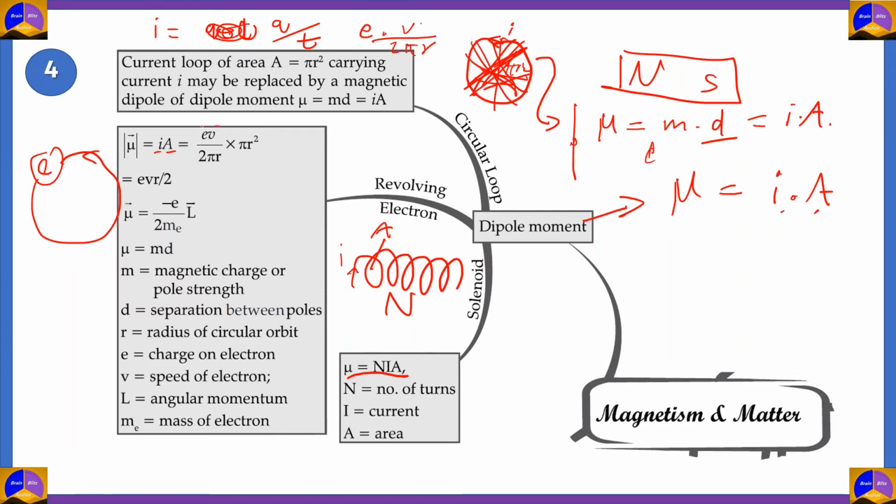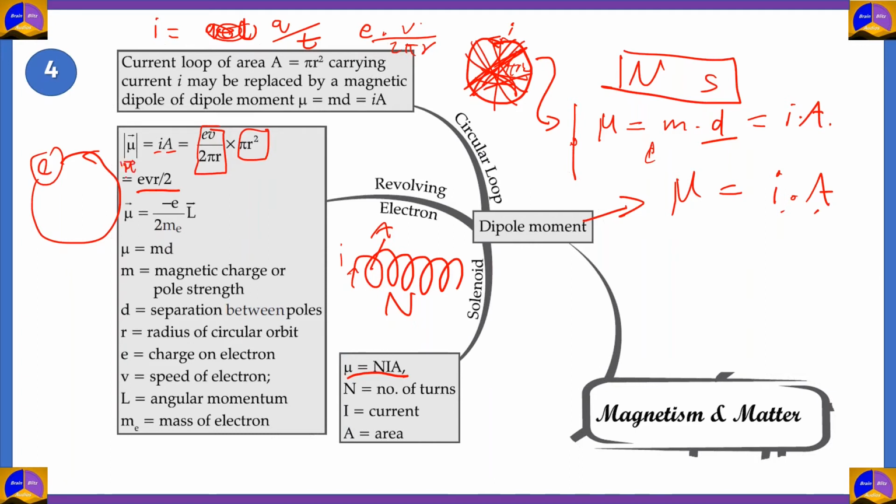So we have ev by 2 pi r representing current, and pi r square is the area of the circle which the electron rotates. So ev by 2 pi r times pi r squared, so pi gets canceled, one of the r's gets canceled, so we have evr by 2 as the value of mu in modulus.